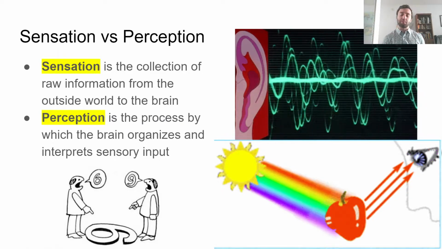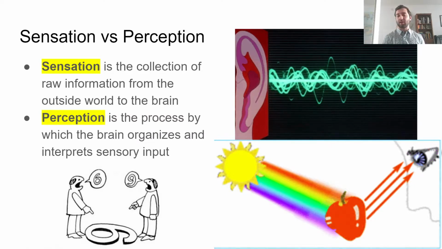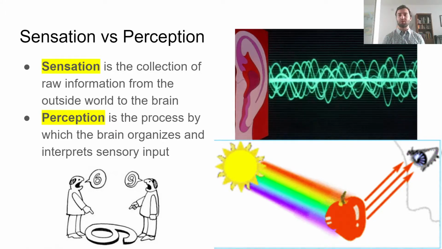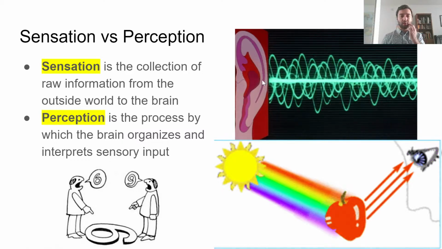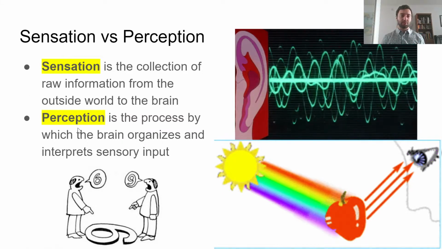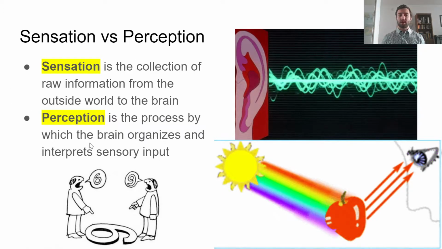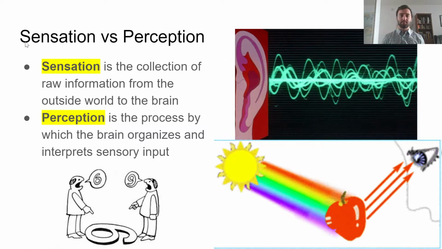Then the perception side is our brain taking that impulse, taking that information and saying, this is words, this is language, this is what these words are, and this is what they mean. So that's how we're going to divide sensation and perception. Raw information is the sensation side. The organization and interpretation of that information is the perception side.